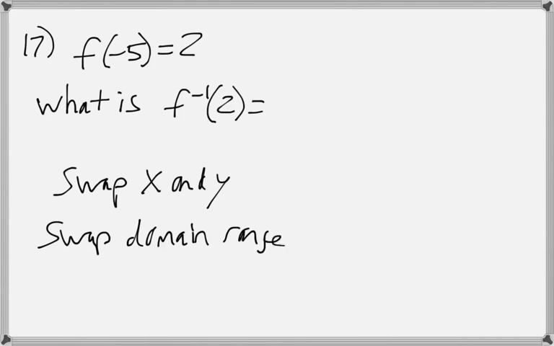So on the first one, you plug in negative 5 and you get 2 out. So here, if you plug in 2, you're going to get negative 5. So you're just interchanging your negative 5 and your 2. And that's really like that for any value that you're plugging into the original function and then the corresponding reversal for the inverse.